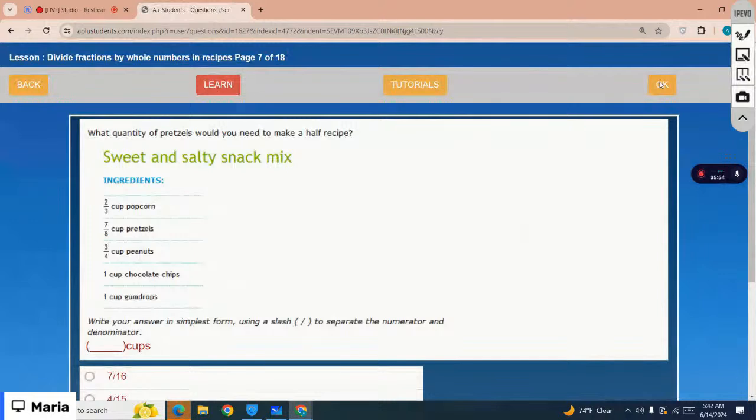What quantity of pretzels would you need to make a half recipe? So which is the correct option?